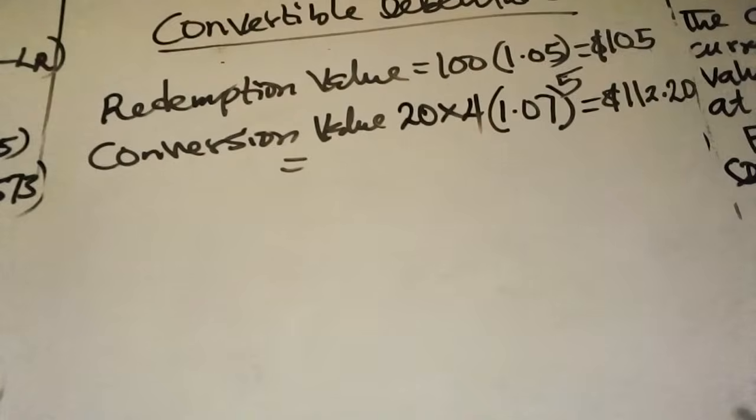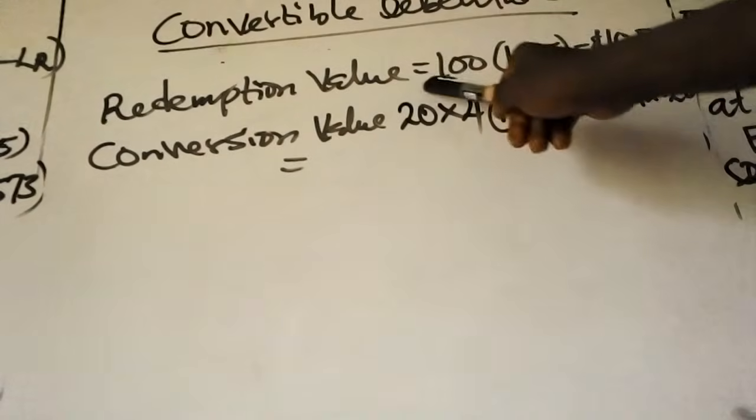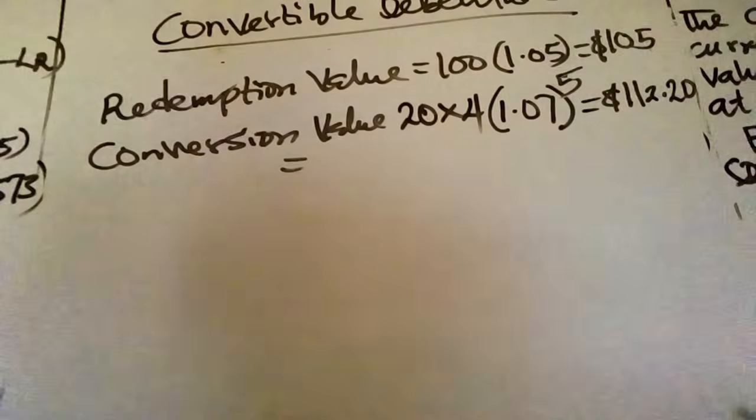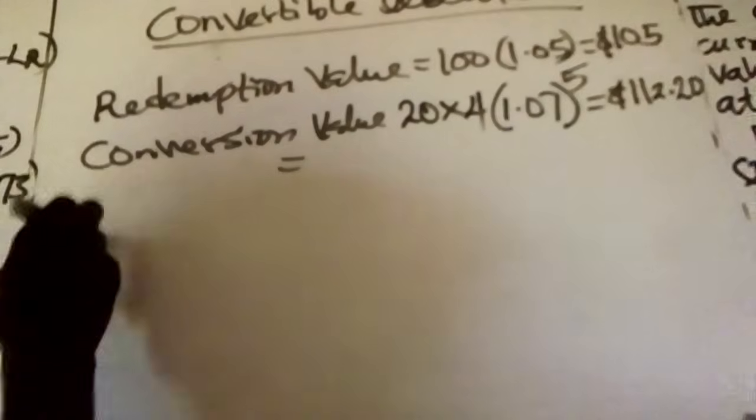But if they wait till the maturity for the loan to be repaid, it will be $105. So the highest of the two is $112.20. Ordinarily, you would like to choose that. So that will be the value you are going to use at the end of the period. So we now want to calculate the present value.